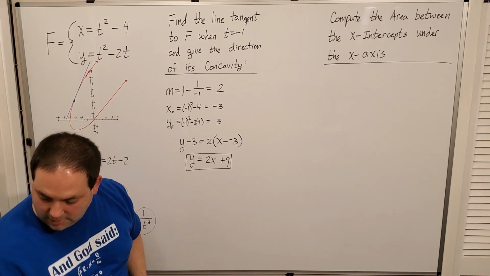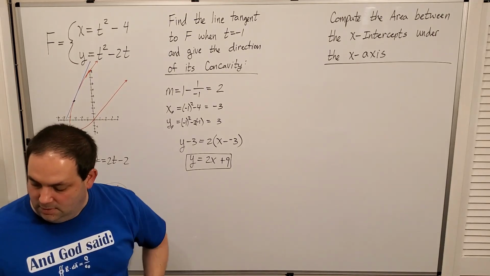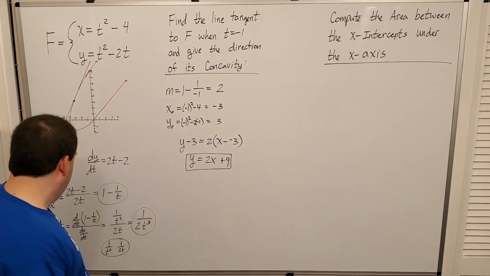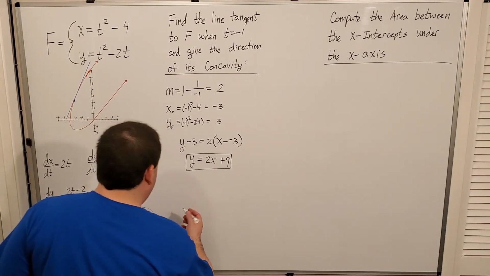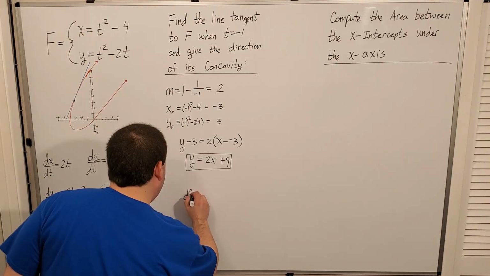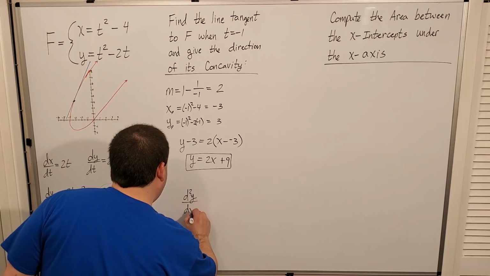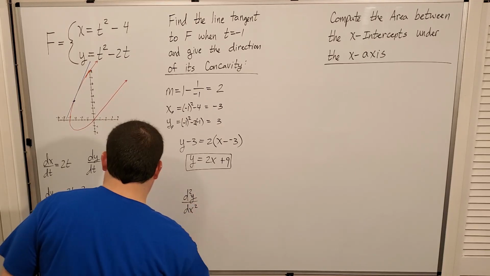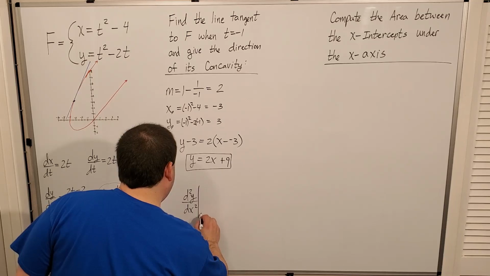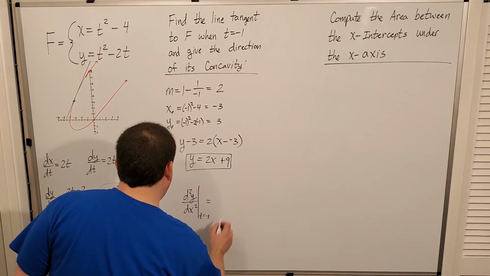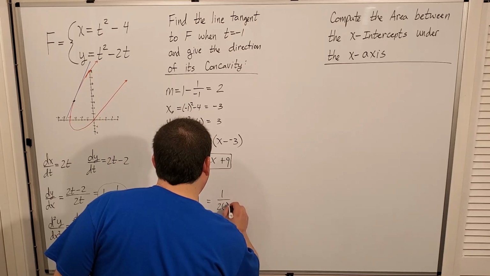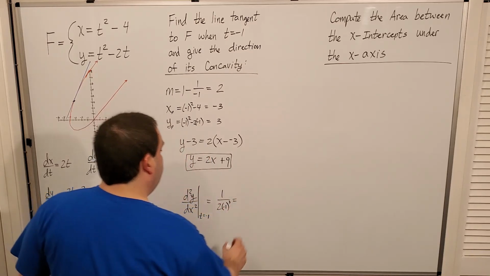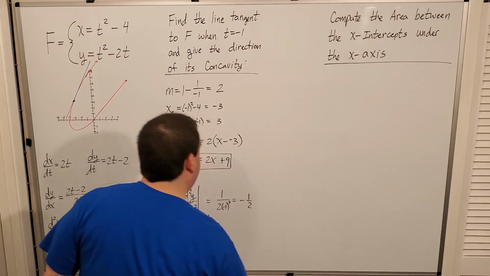Okay, what about the concavity? So the concavity is going to be based off of our second derivative here, right? So d squared y dx squared measured when t is -1 is 1 over 2 times -1 cubed, which is just going to give me -1/2.